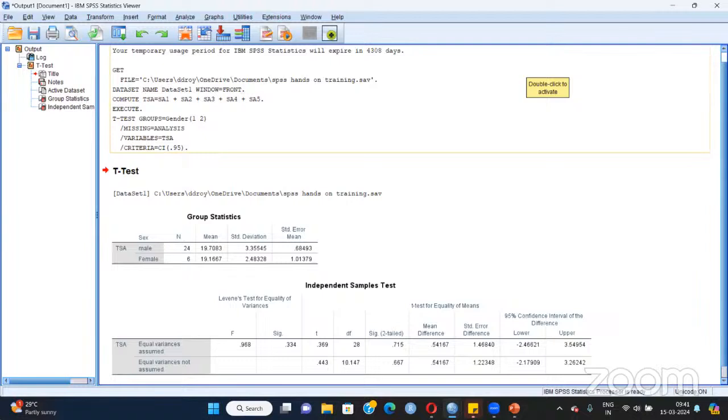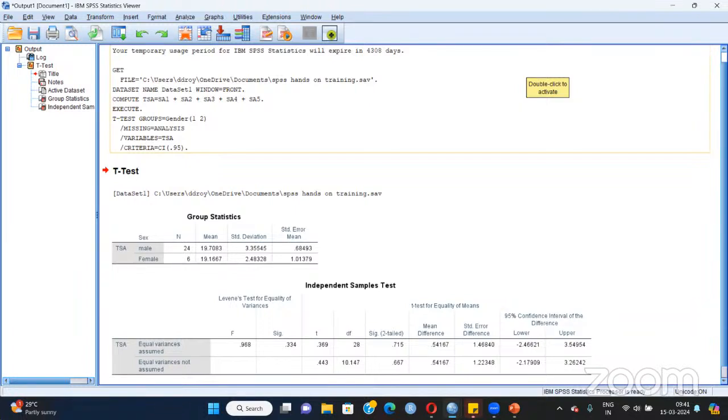And again, we find the within group variability that is high in case of the male in comparison with the female based upon the standard deviation.